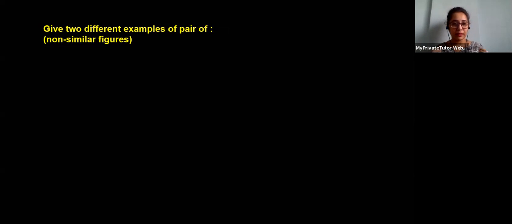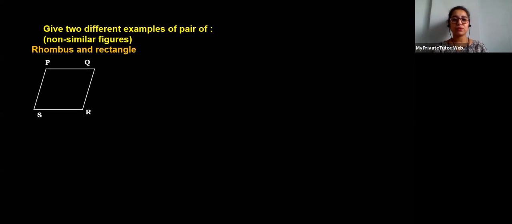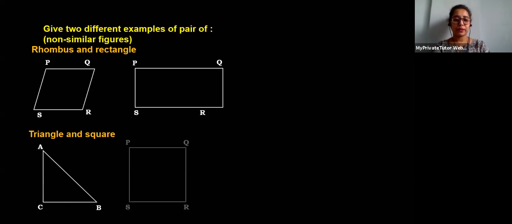No, they are not similar, because the shape is totally different. So let's have two examples, and these can be any random examples. The examples I've taken are rhombus and rectangle, because the shape is totally different. Triangle and square, again, they are totally different, correct?